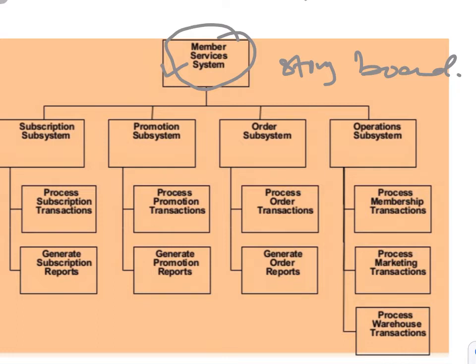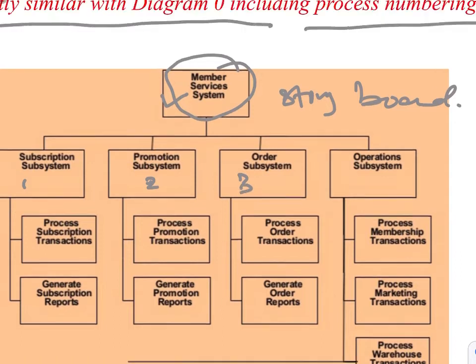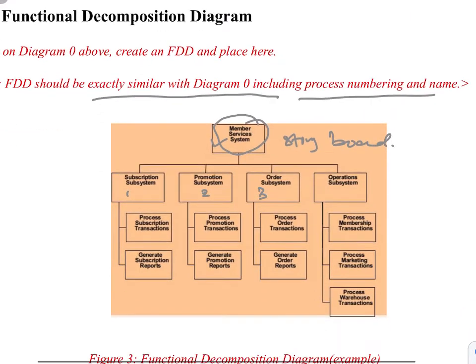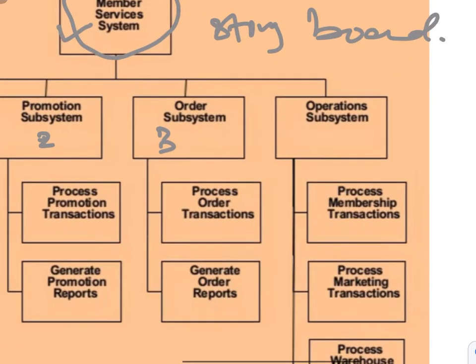Example, if you have 5 processes altogether, starting from login up to produce report, then you kena tulis semualah kat sini. Process number 1, number 2, number 3, and benda ni must be exactly the same as the DFD. If the data flow diagram has 5 processes, then the functional decomposition diagram must have 5 processes as well.